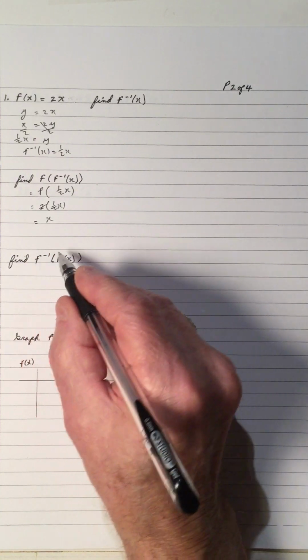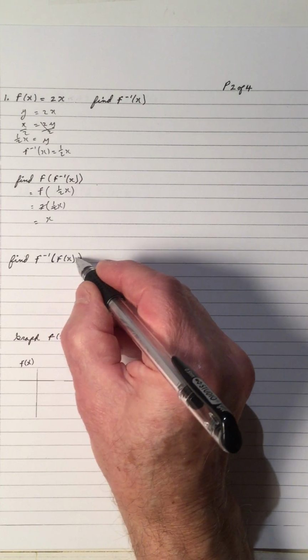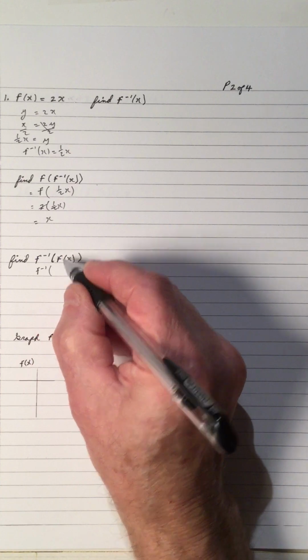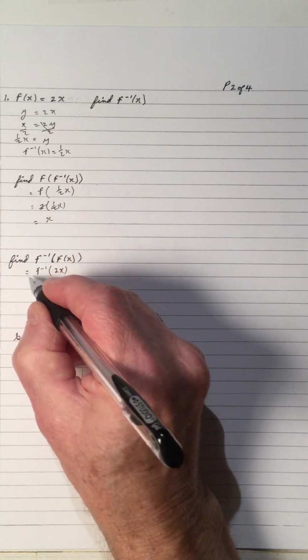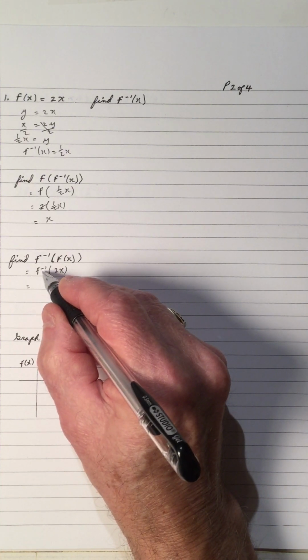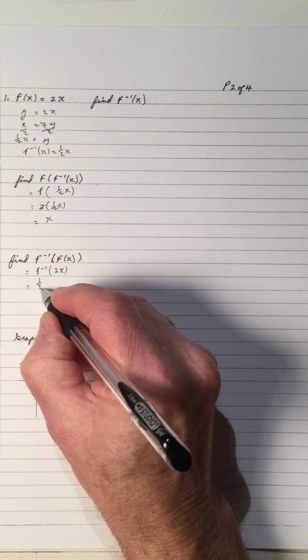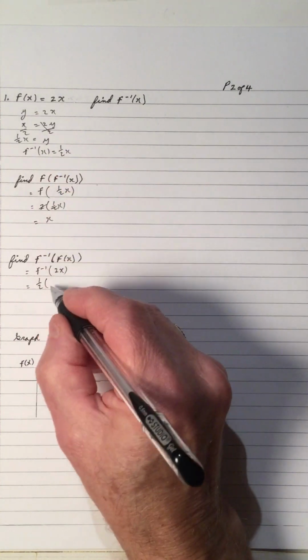So let's find f to the negative 1 of f of x. The f of x is 2x, and now we take 2x and sub it into the inverse. The inverse is a half x, so we put 2x in here.